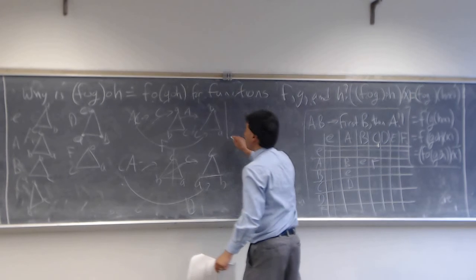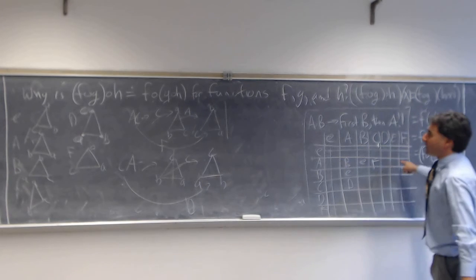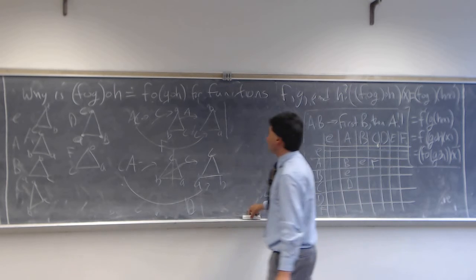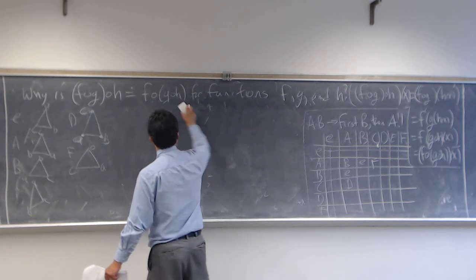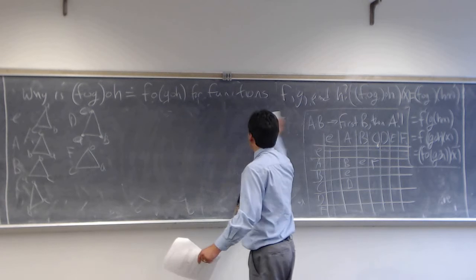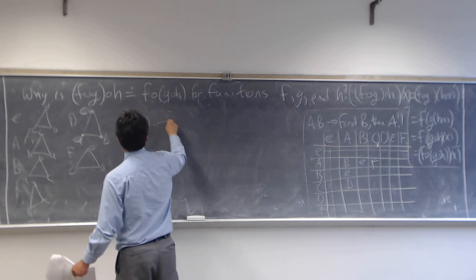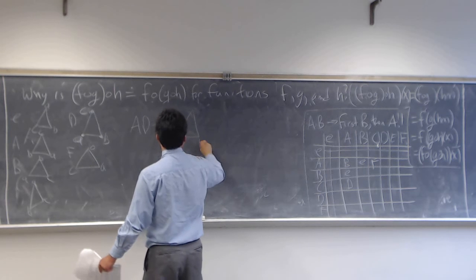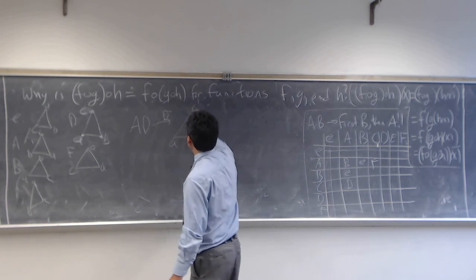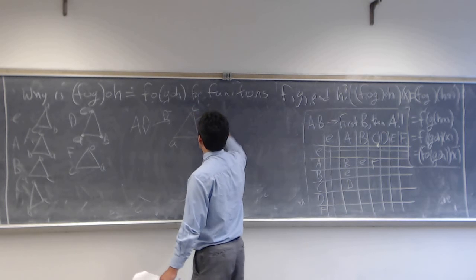Okay, so in view of that, maybe we ought to do a few more calculations. So what else? AD, have we done that one yet? So AD, again, we do D first. In the original ABC triangle, that would fix this one and switch these two.